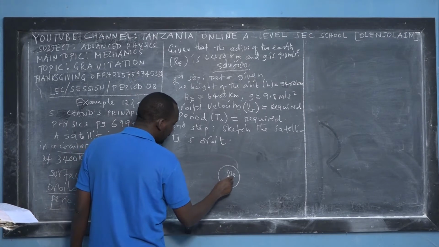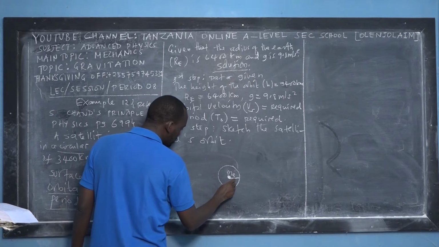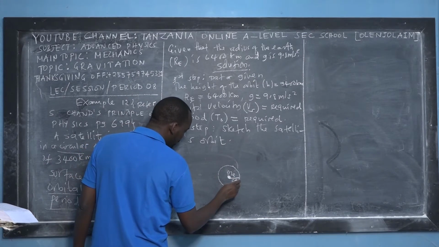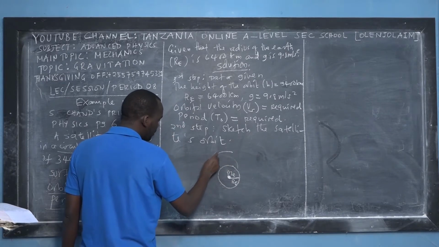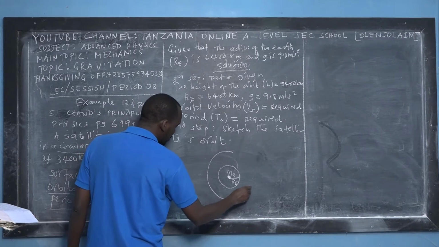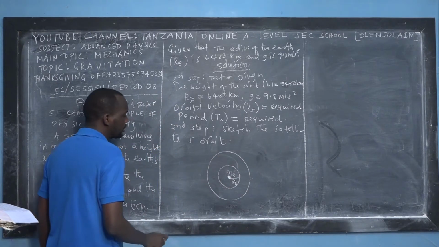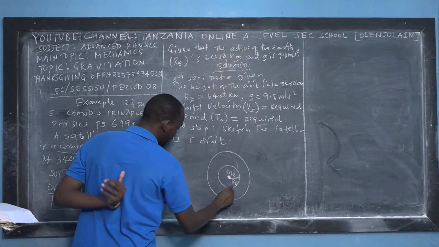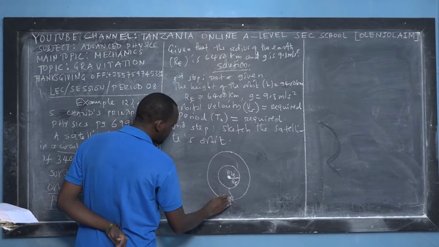Here you have the radius of the Earth, R_E, and here is the height above the Earth's surface.